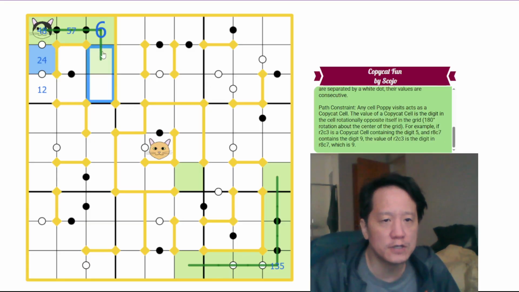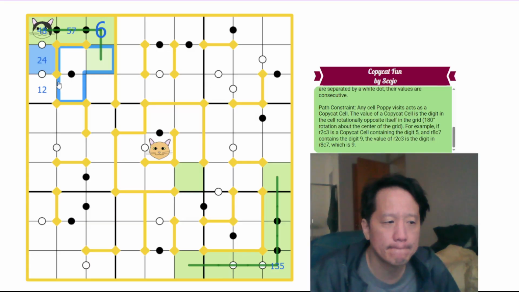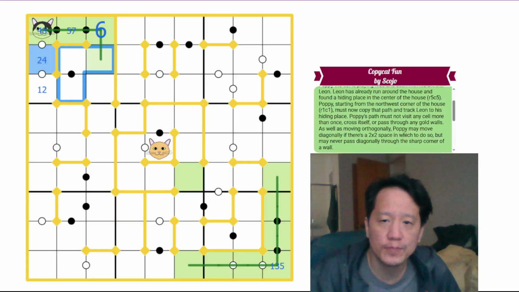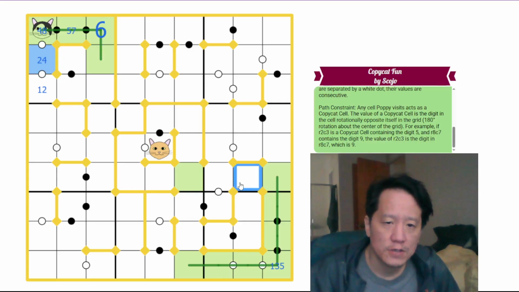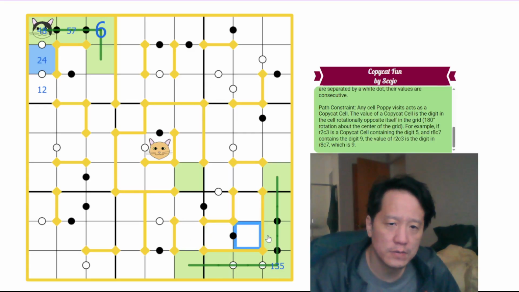So to exit, we have to get through one of these, at least. Could be both of them. What about this? That seems okay.